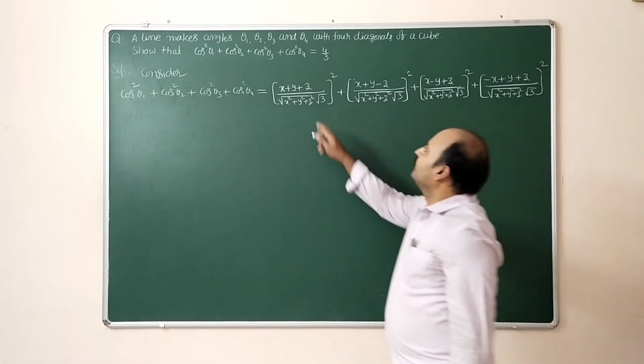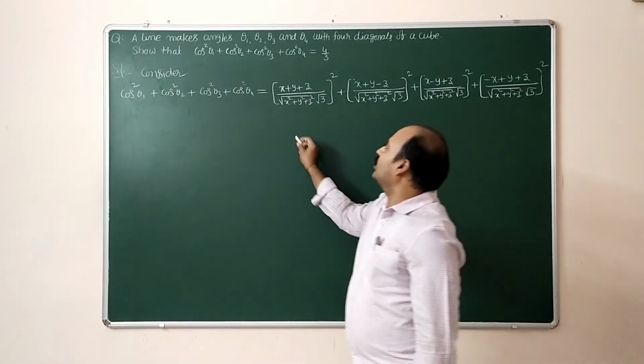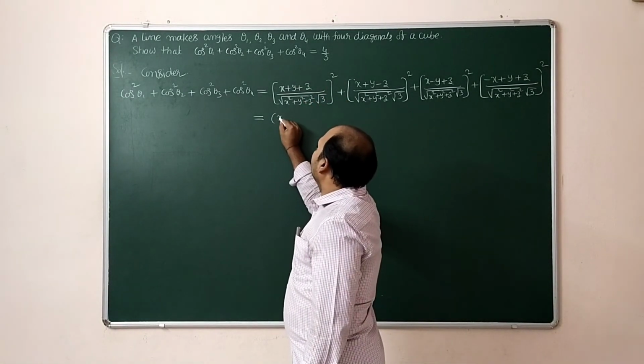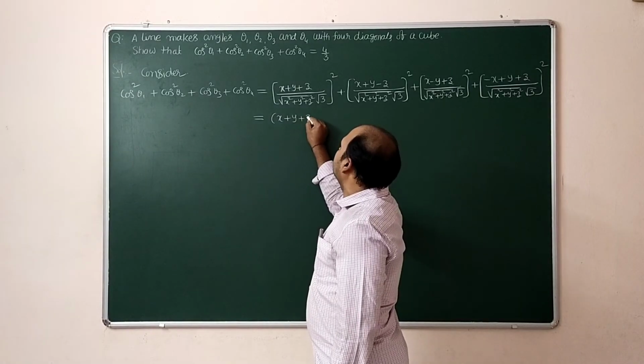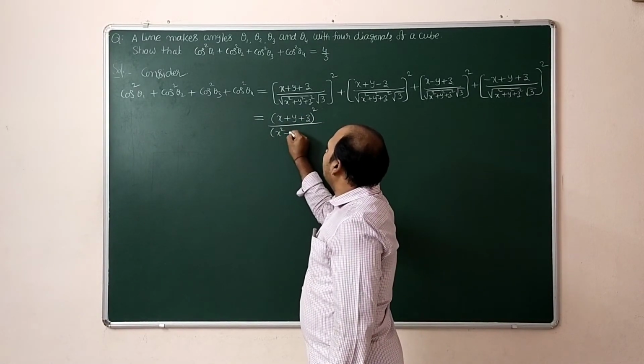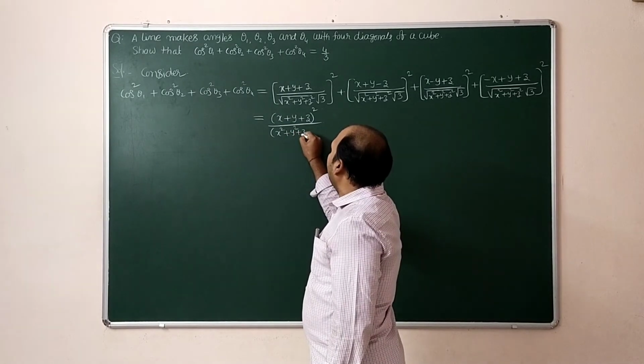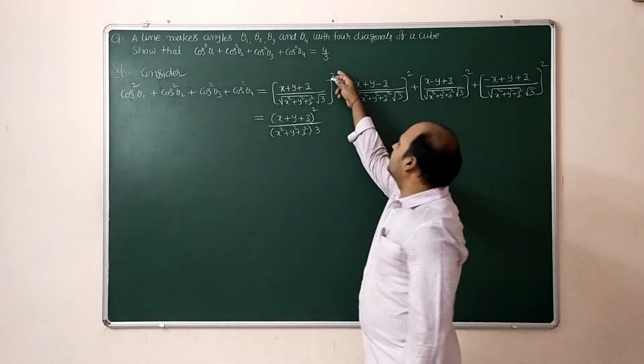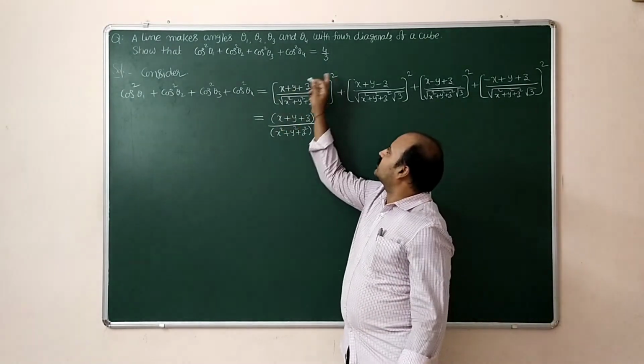Now simplification. A by b whole square means a square by b square only. So it becomes x plus y plus z whole square divided by x square plus y square plus z square into 3. Root 3 whole square is 3, and root and square will be cancelled.